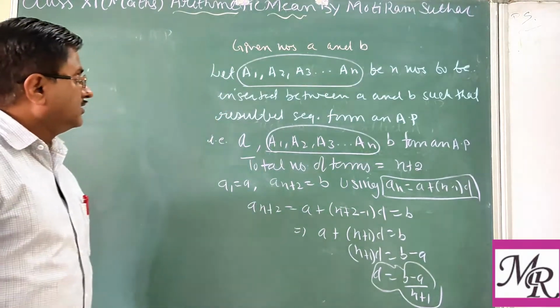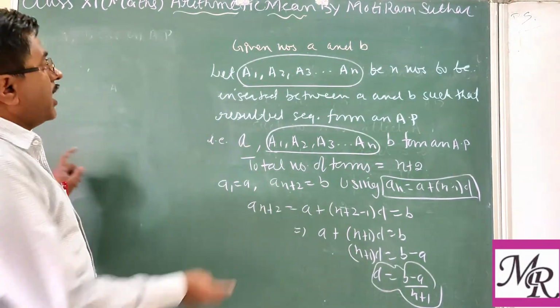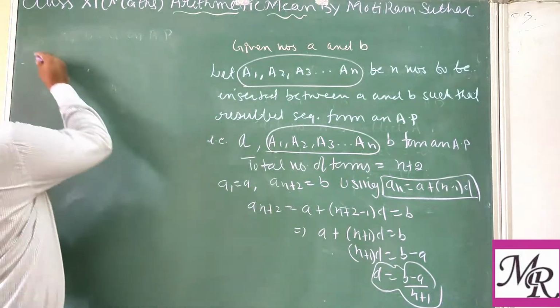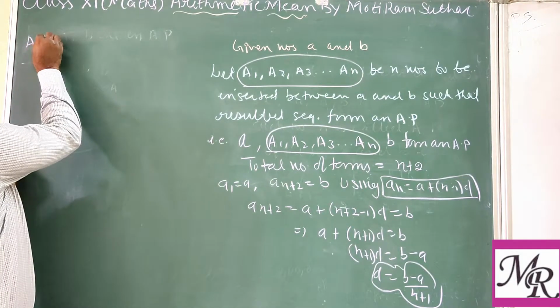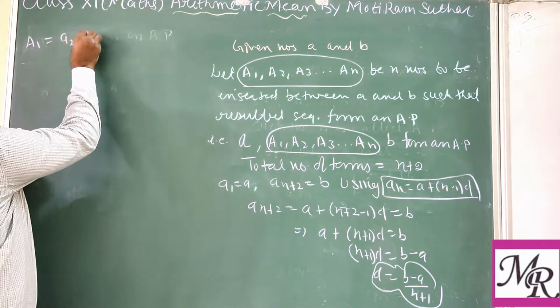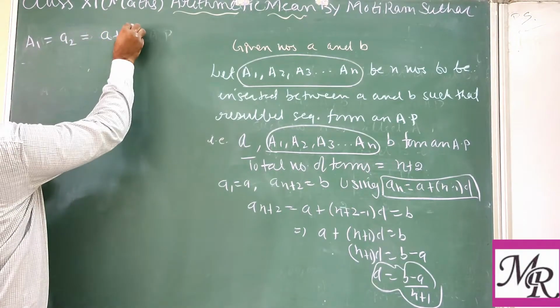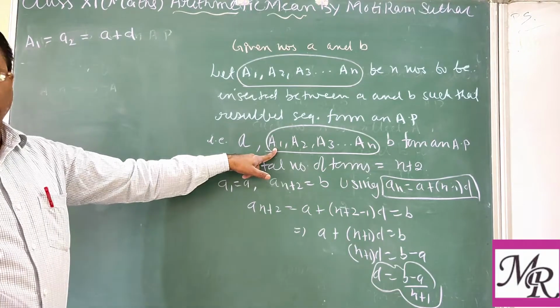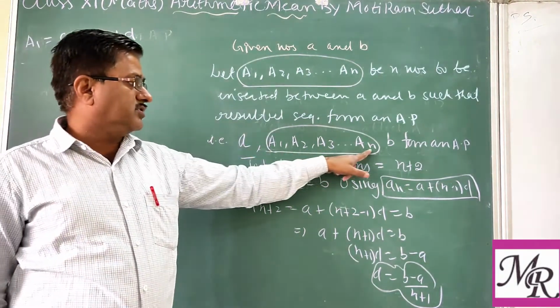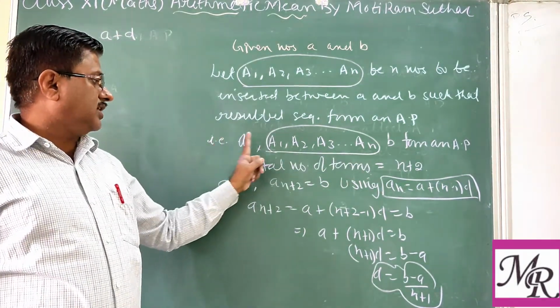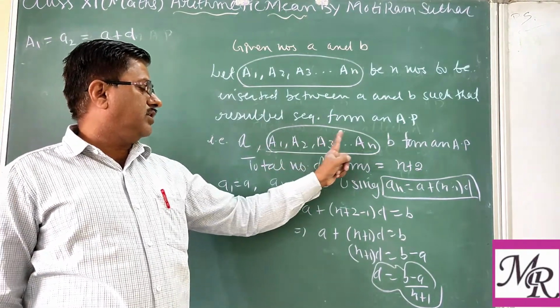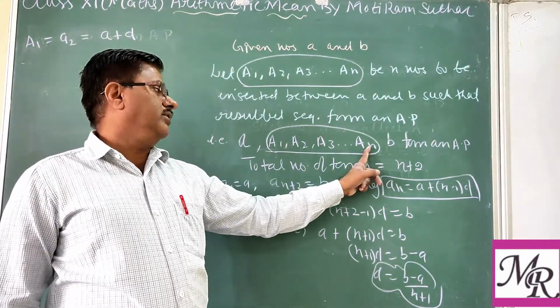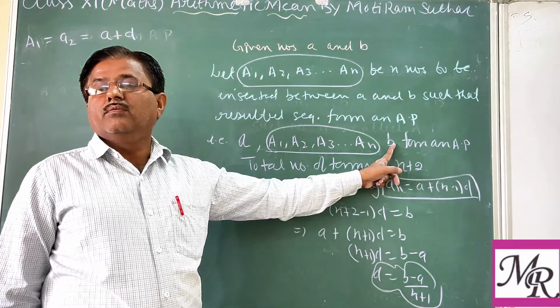Now if we want to find A1, what is A1? A1 is the second term, which is the first term plus the common difference. A1 is the second term of this AP. First term, second term, third term, fourth term, up to the n plus 2 term.